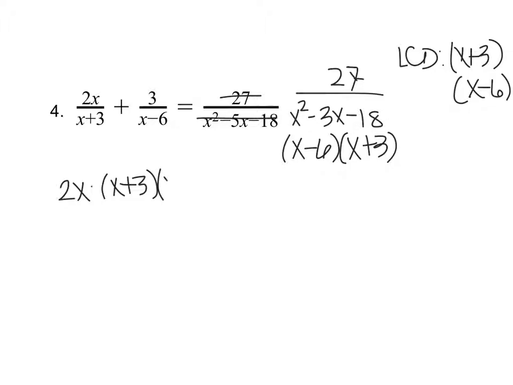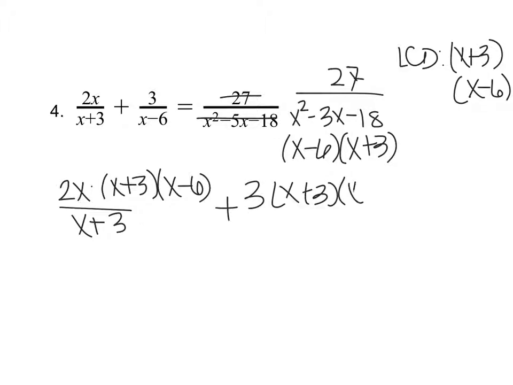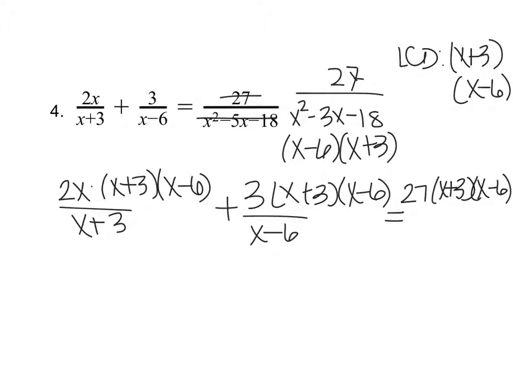So we get 2x times x plus 3 times x minus 6 over x plus 3, plus 3 times x plus 3 times x minus 6 over x minus 6 equals 27 times x plus 3 times x minus 6 over, and then I'm going to write the denominator in its factored form, x minus 6 times x plus 3.